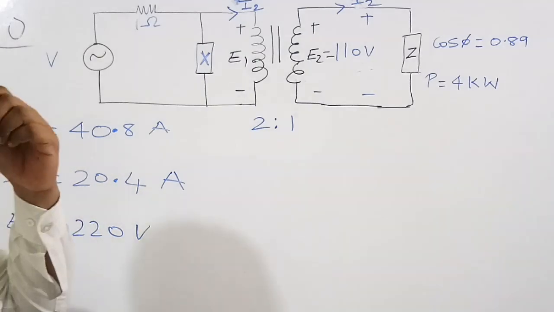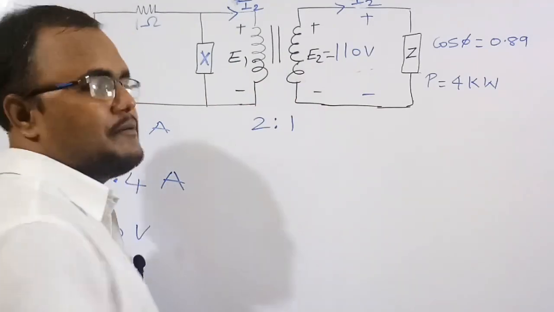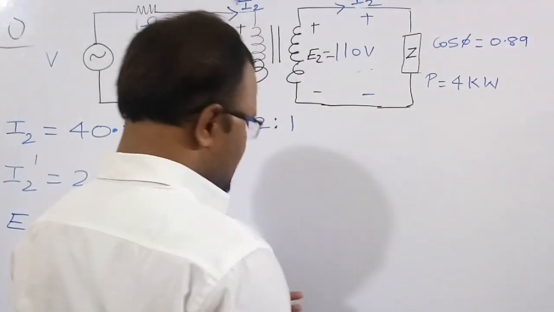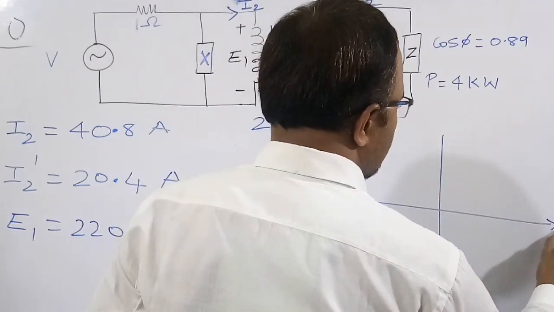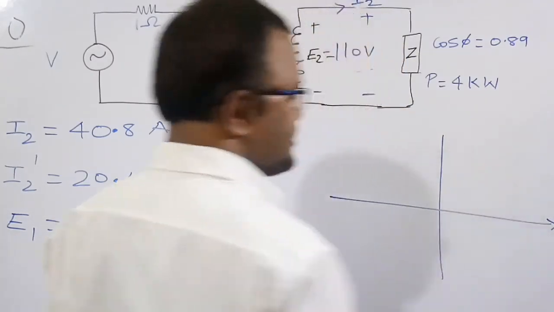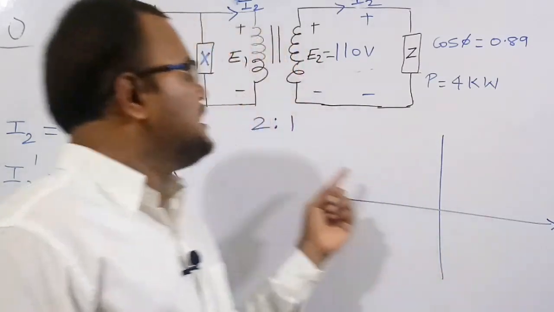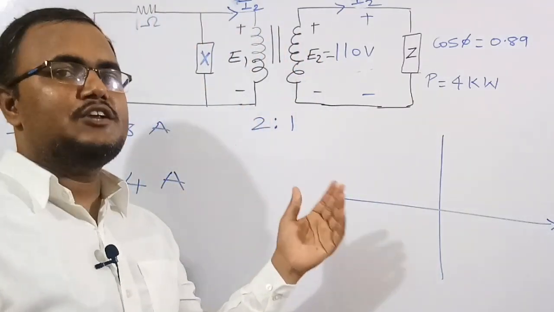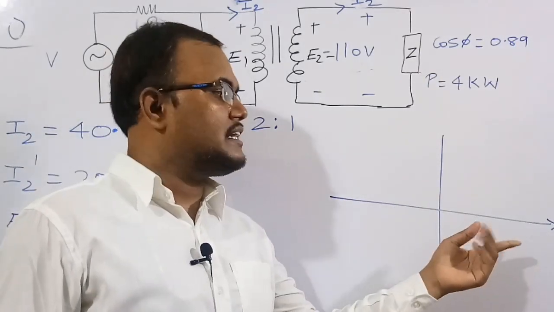Now we will write the phasor representation of all these parameters. See here, this is the flux direction. If you take phi equal to phi max sin omega t, the EMF induced E1 is equal to N into d phi by dt. If you do that, we get that the EMF will always lead the flux.